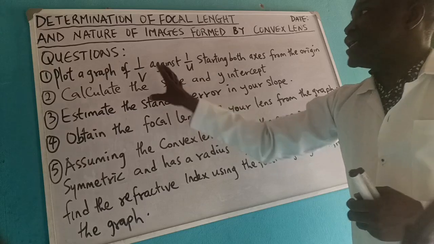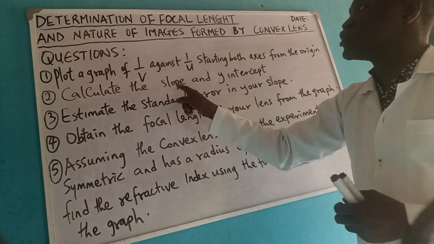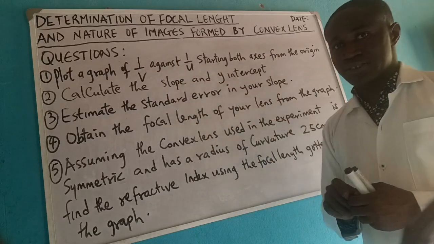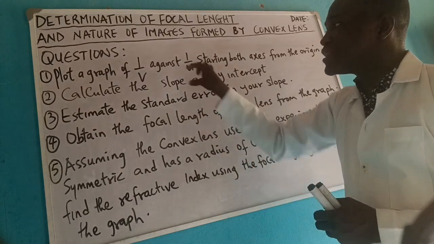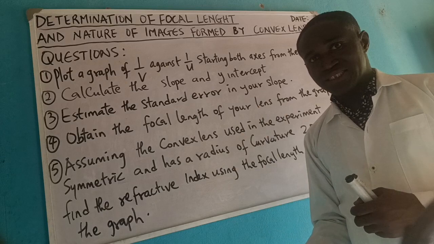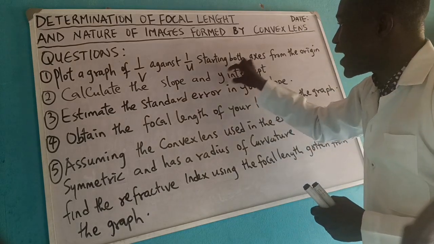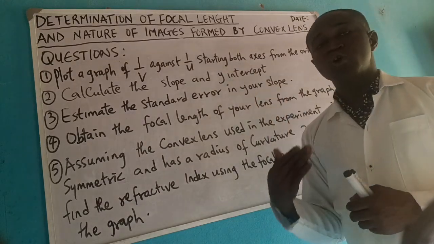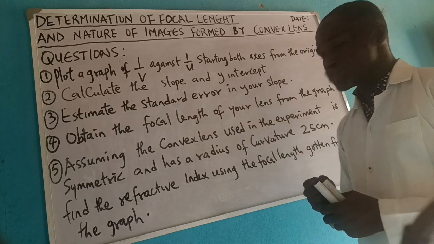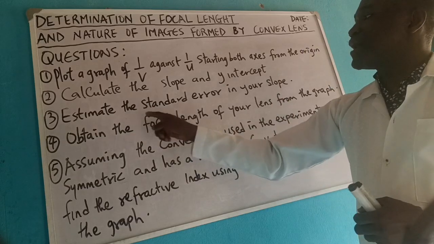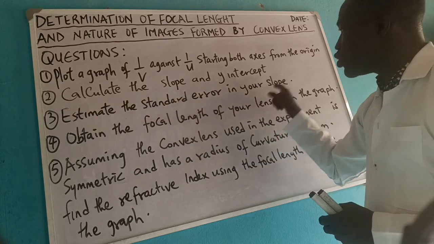In each of them, calculate the slope and y-intercept. When we get our slope, we will see what that slope will help us to get. When we get the y-intercept, we will also see what the y-intercept will help us to get. Estimate the standard error in your slope.